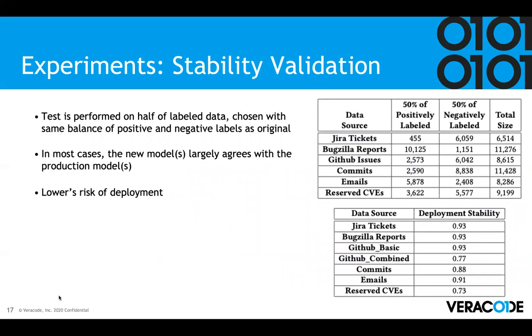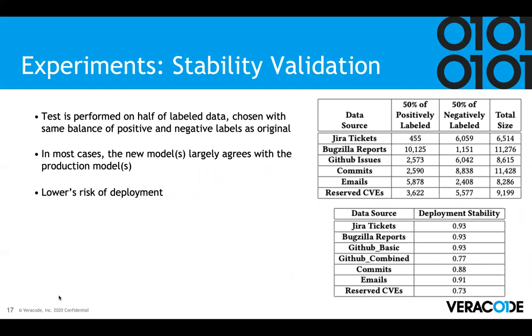Based on the deployment stability, most of the time whenever we train a new model, it has a stability score of 0.9, which is considered good. That means it agrees with the previous model, the model which is already running in production. In some cases, like for reserved CVEs, we once got a score of 0.73.